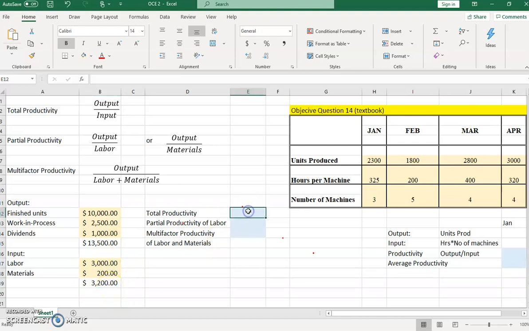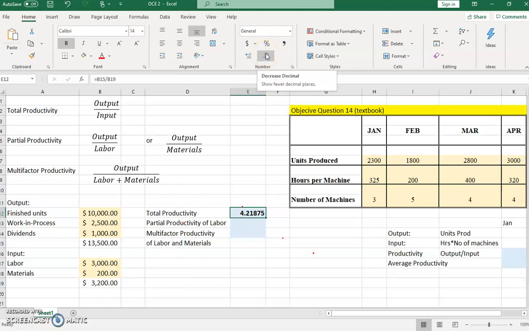So my total productivity is going to be equal to the total output, which is B15, over the total input, which is going to be B19, and that comes to 4.21. Okay, and I can make this to 2 decimals by clicking on this.